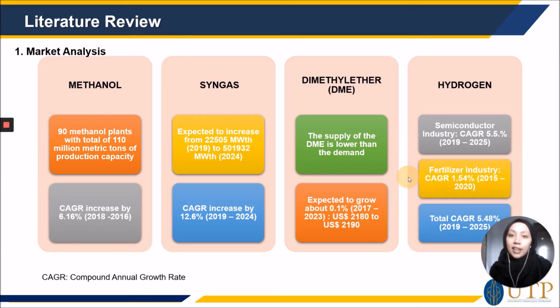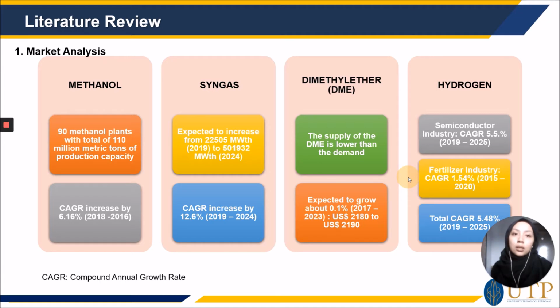Thus, it is expected to increase from 22,505 megawatt thermal in 2019 to 501,932 megawatt thermal in 2024, where the compound annual growth rate is expected to increase by 12.6% in 2019 to 2024.